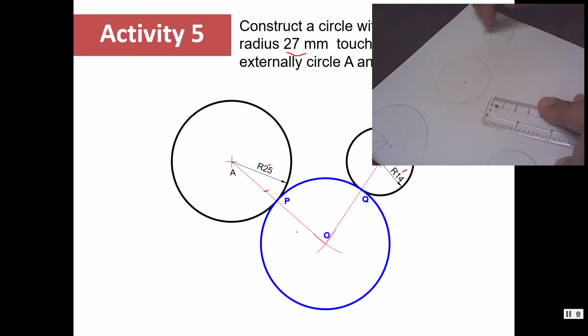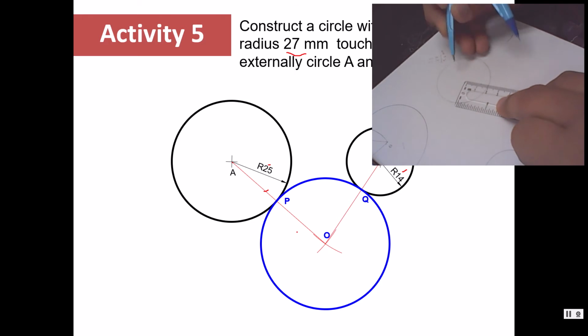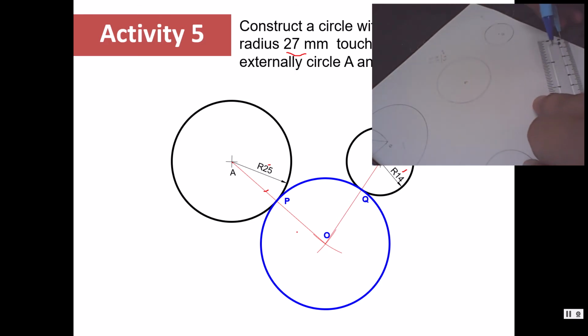Okay, so we want to draw the first circle. So 25 plus 27 mm is equal to 52 mm. So the distance from point A, we need to make sure that it's 52 mm to the center point of the circle that we want, 52.